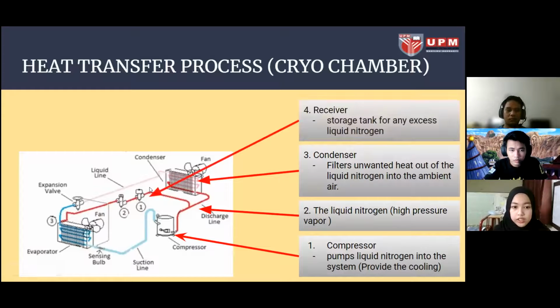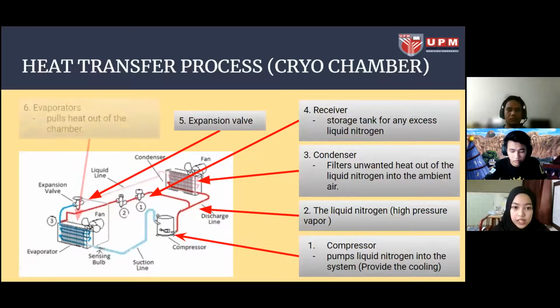After cooling, the liquid nitrogen goes to the receiver, which acts as the storage tank for any excess liquid nitrogen. Then the liquid nitrogen travels into the expansion valve, and lastly it goes to the evaporator, where the evaporator pulls the heat out of the chamber.